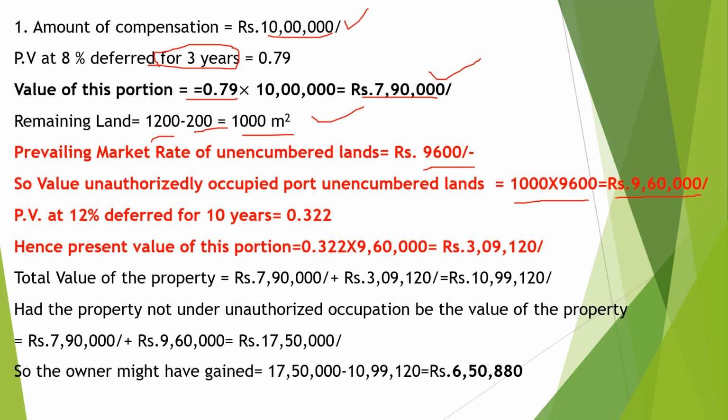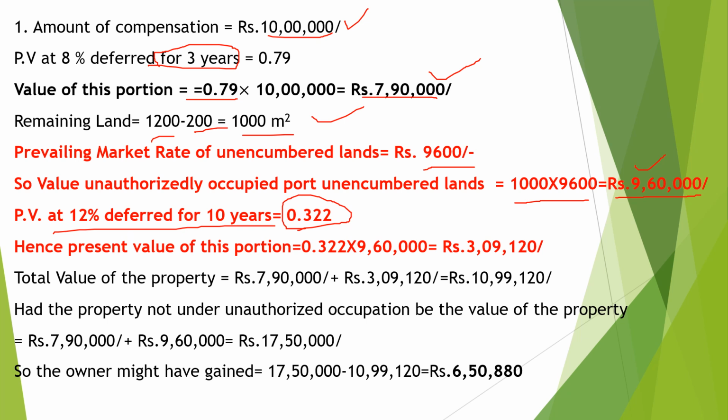It is given that it will take at least 10 years to vacate this property because of unauthorized occupation. So we will defer this value at 12% for 10 years. The factor is 0.3322. So we assume that we will be able to vacate this land after 10 years.